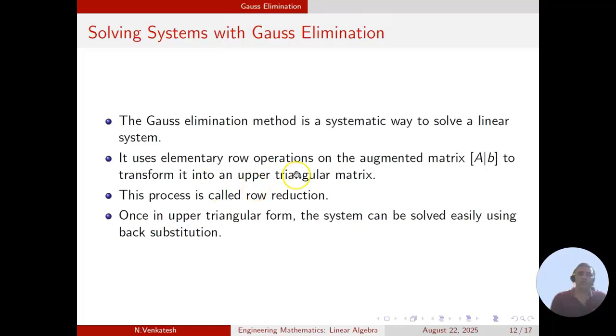This is also called row reduction, because we apply elementary row operations like row swapping, multiplication by a scalar, or adding multiples of one row to another row. Once we get an upper triangular form, we can again consider the equations, and then do some substitutions to get the values of all the remaining variables.